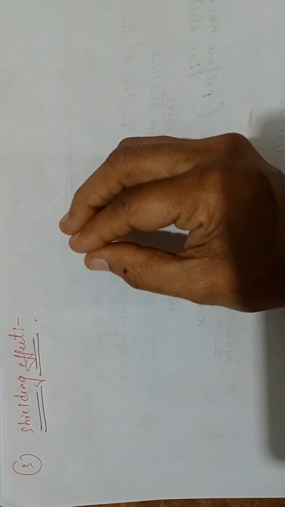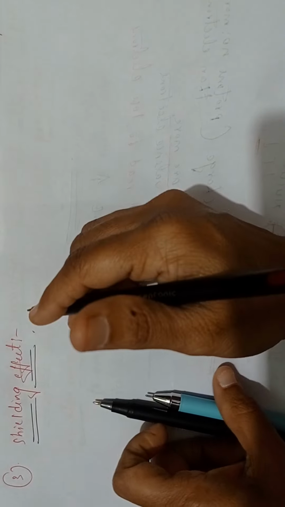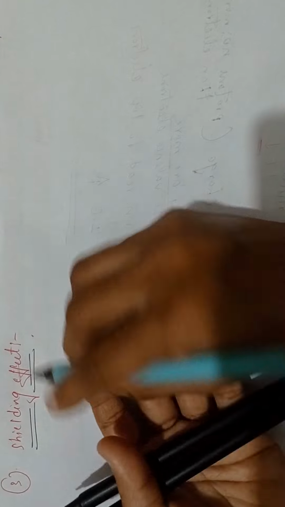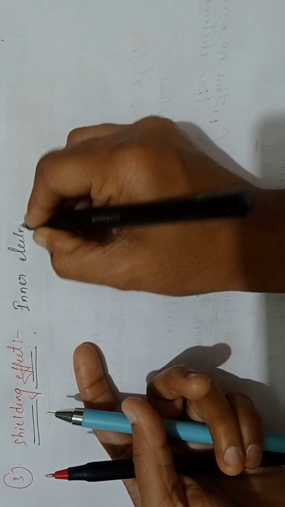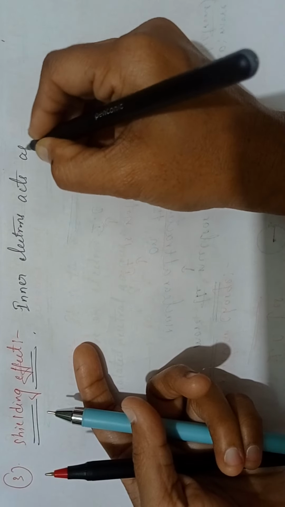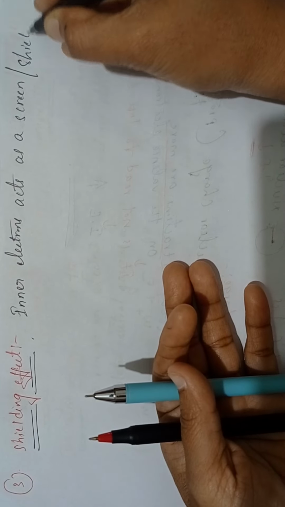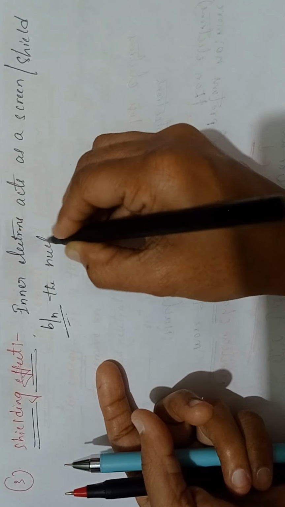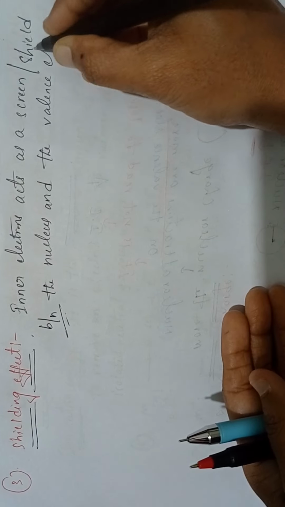See, students, what is the shielding effect? In this shielding effect, inner electrons act as a screen or shield between the nucleus and the valence electrons.